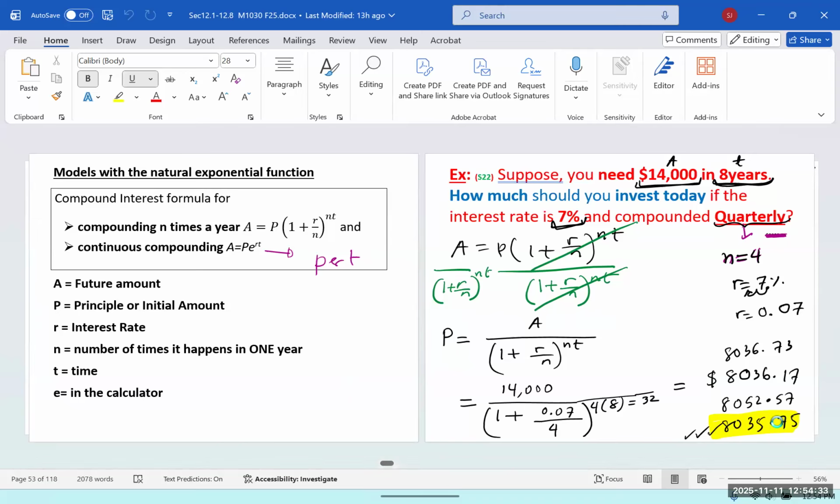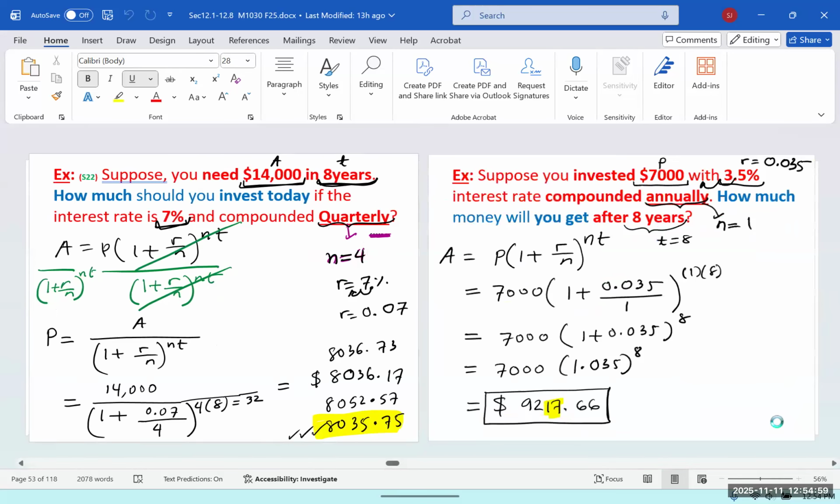When you invest your money compounding a certain number of times in a year, you use the first formula, where you have an n to place how many times you are compounding. And if you do something continuously all the time, we cannot place a number on n. So that's why we use a different formula, the part formula. A equals P times e to the rt.